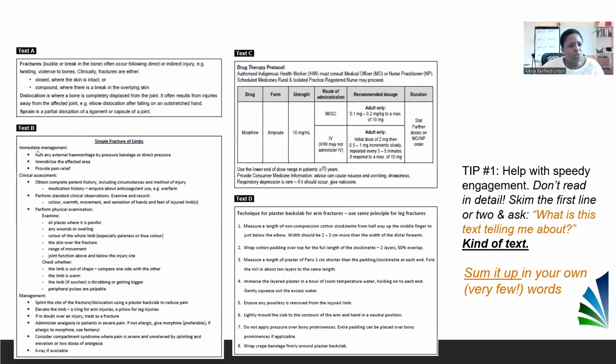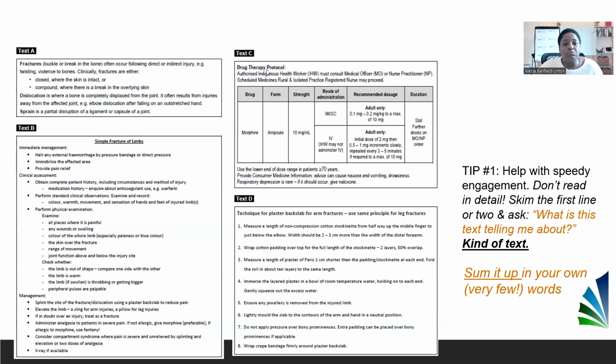Text B starts with immediate management, halt any external hemorrhage. In clinical assessment, obtain complete patient history, perform standard clinical observation, perform physical examination, and then you see examine, check whether. Notice, I'm not reading everything in detail. And then management: splint the site, elevate the limb, administer analgesics. How would you sum up what that's about?